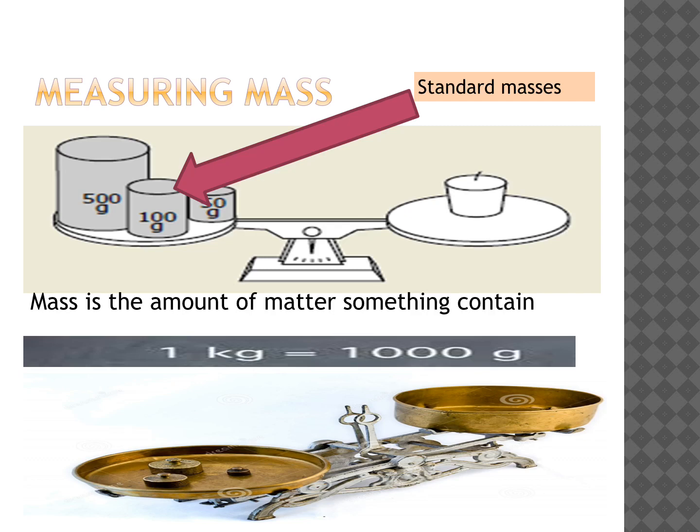Put an object in one pan, as you can see in the picture. I want to know the mass of that candle, so I can use standard masses. Whenever the pans of the balance are level, the two pans have the same mass.